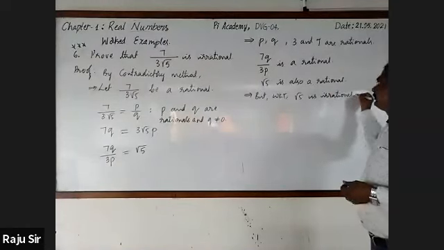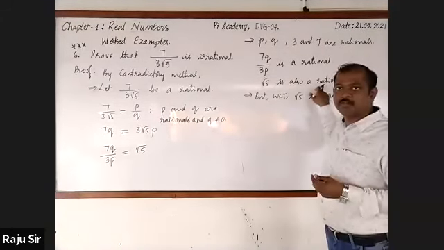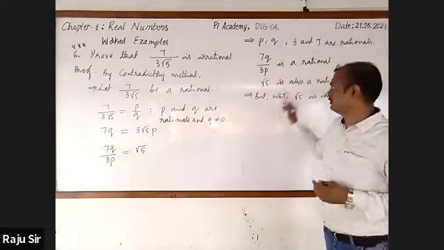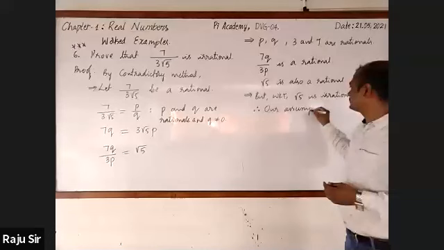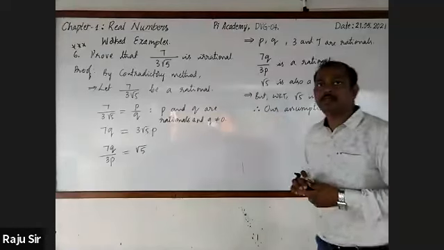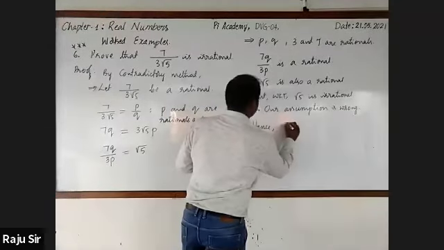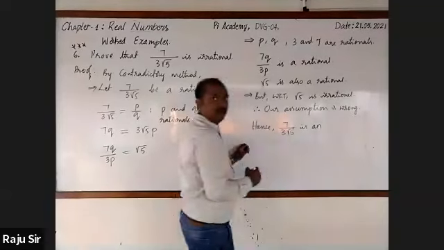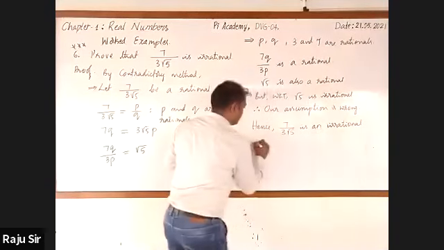According to our assumption, we have got root 5 is rational, but actually it is irrational. Therefore, our assumption is wrong. Hence, 7 by 3 into root 5 is an irrational number.